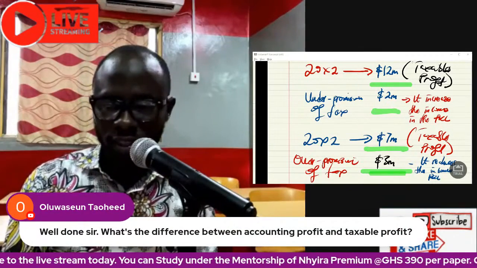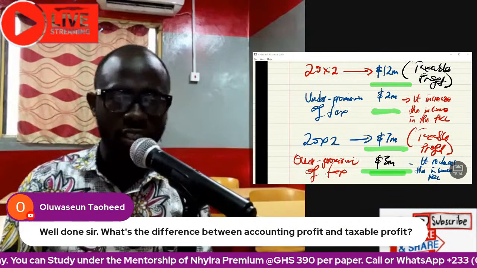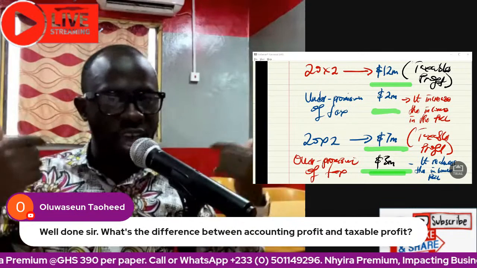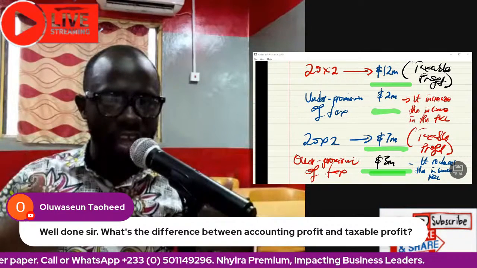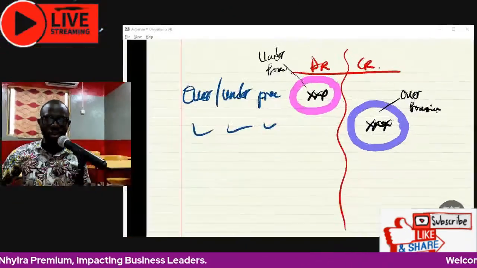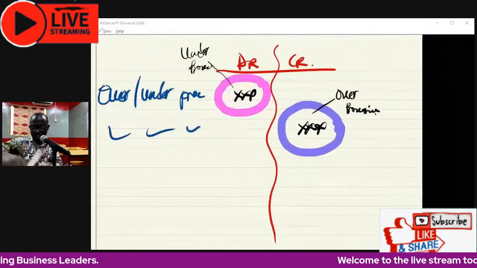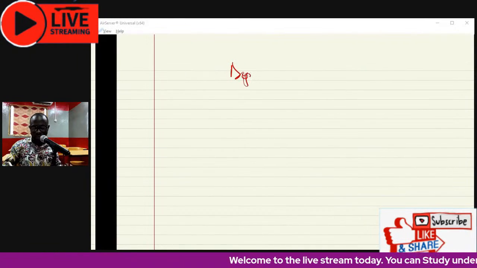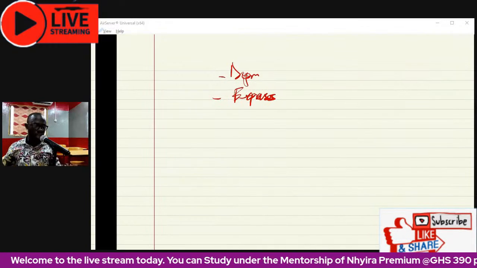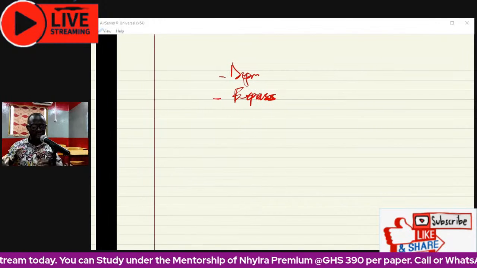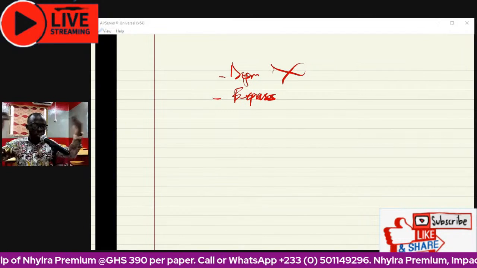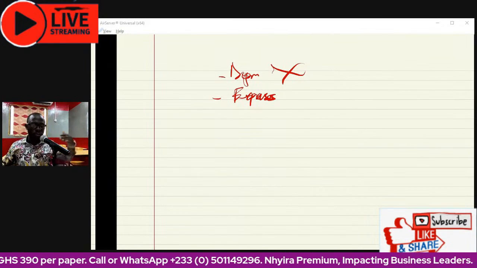Weldon said, what is the difference between accounting profit and taxable profit? Right. Accounting profit is the profit of the entity based on the entity's financial statement. When the entity is presenting the financial statement, as part of its expenses, it is likely to include things like depreciation. It is likely to include other expenses that may not be allowable for tax purposes. When the tax authority comes, they look at the financial statement of the entity and say, hey, this cannot be allowed. You breached the law, and you paid some fines.